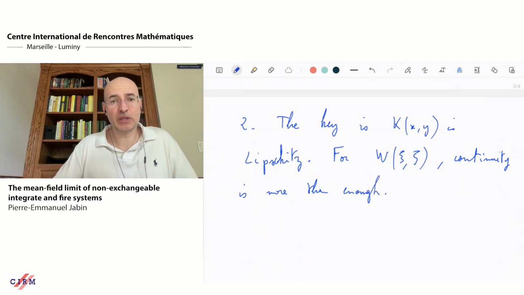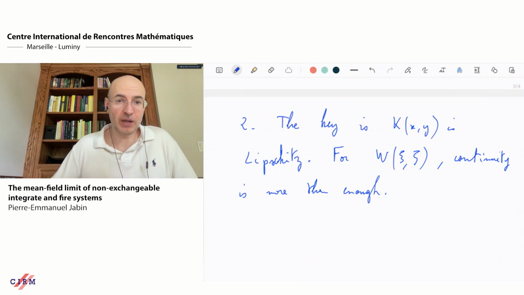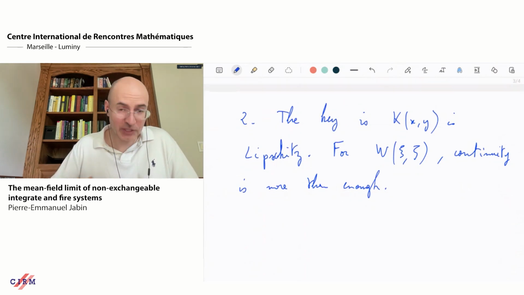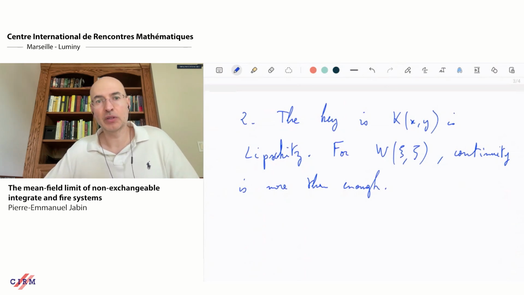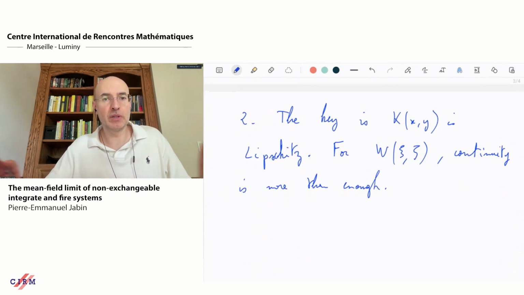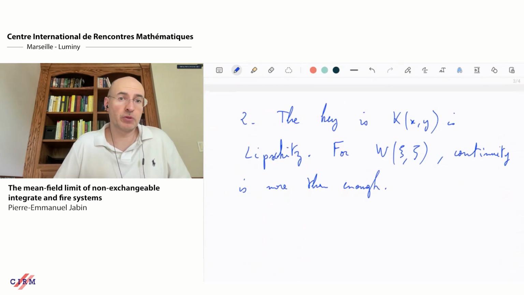This is something that we'll talk about in section 4, less than continuity. But for sure, if W of psi, zeta is continuous or Holder, then you're completely good. You're completely out of the woods, and whatever you were doing before, you're going to be able to apply it here.